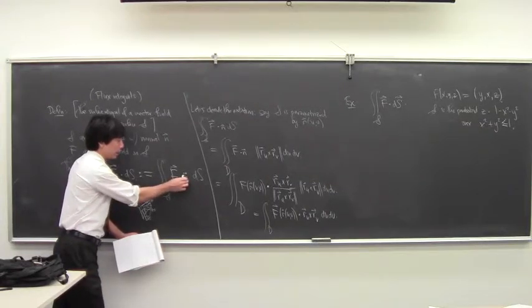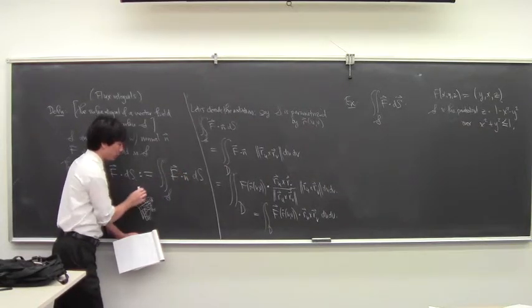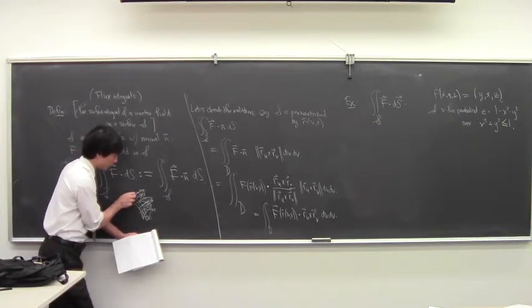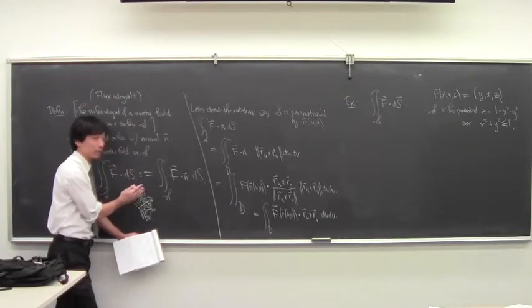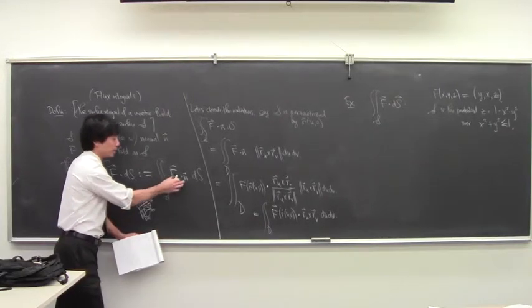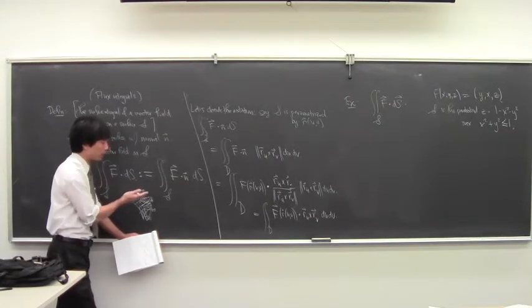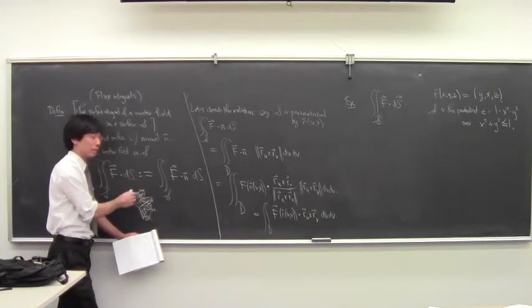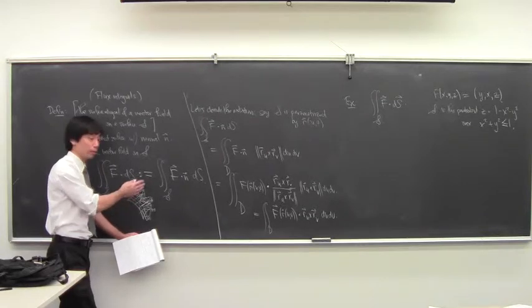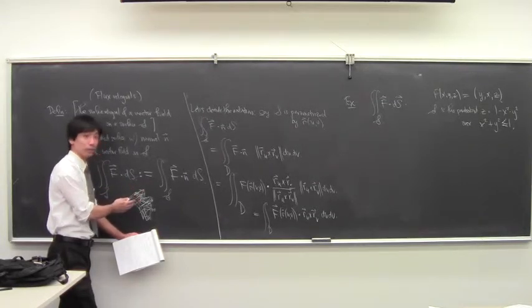And what you do is you take the dot product of that against the unit normal. These guys are the unit normals, and you take the dot product against it. And so this basically measures how much of the field is flowing in the direction of the unit normal, and then you take the sum of all those things, and that's the flux of the field through the surface.